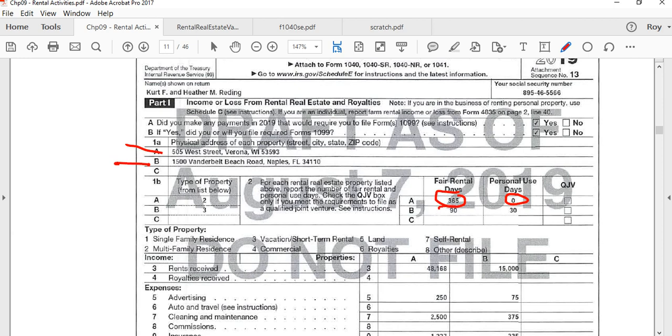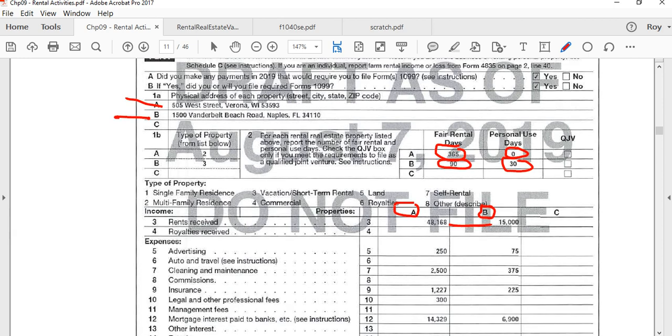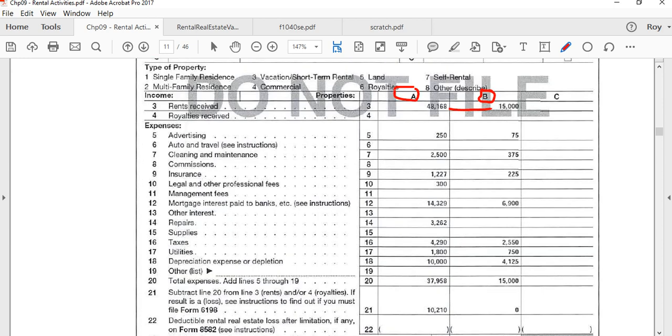So three fourths, so 75% is rental and 25% is personal. So this is 100% numbers here, and this is 75% numbers. Of course, this would be the 100% rental income no matter what for these two, yeah? But down here, mostly it should be 75% of the actual expenses.